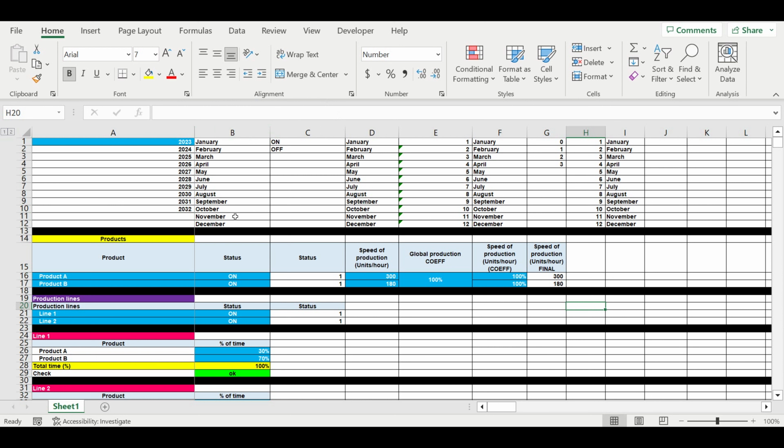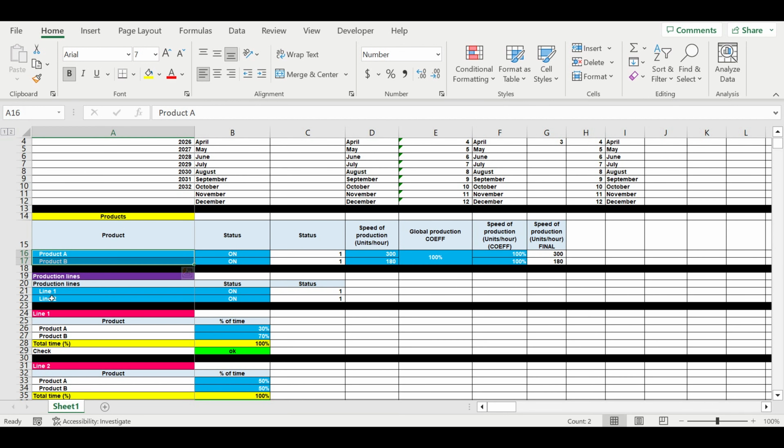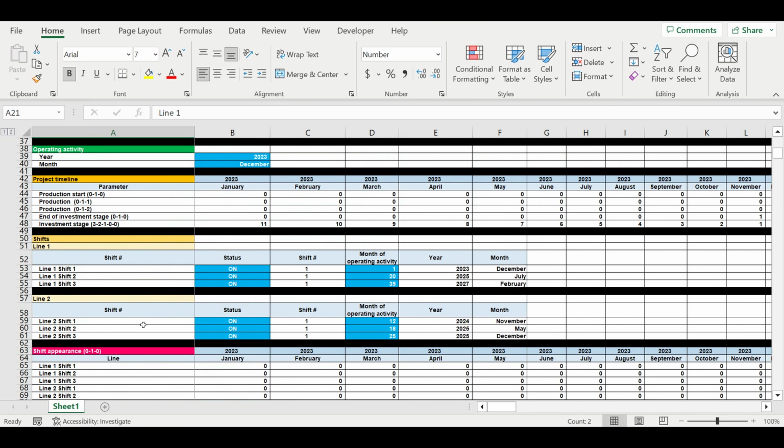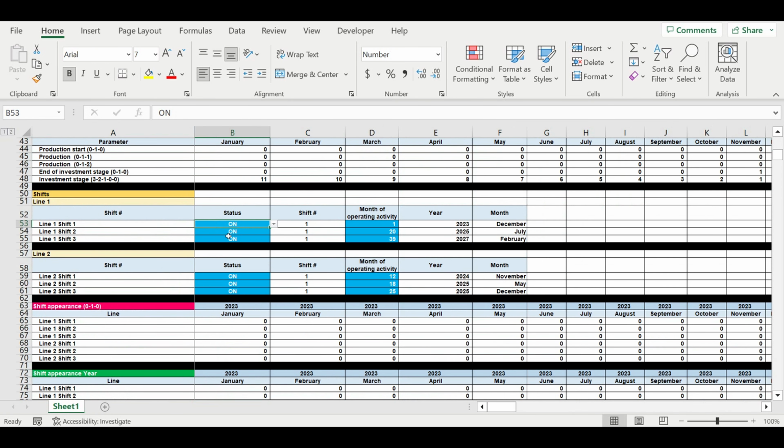First of all, let's briefly look at what we were modeling during previous tutorials. We have blue cells as our inputs. In previous tutorials we covered products, we created the algorithms for 2 production lines, then we modeled shifts for our production lines, manufacturing lines.